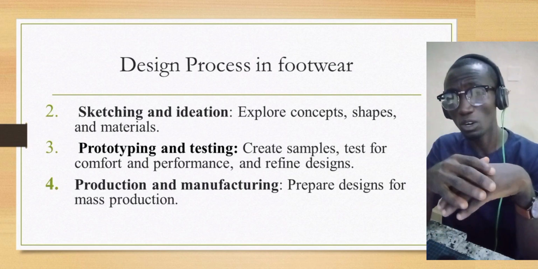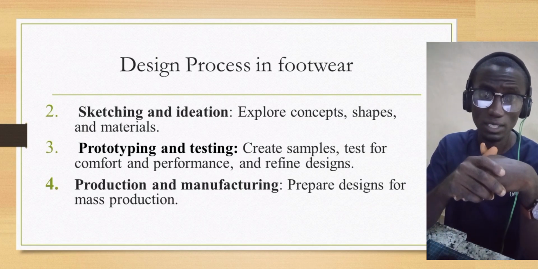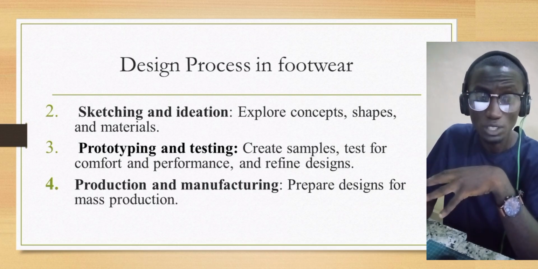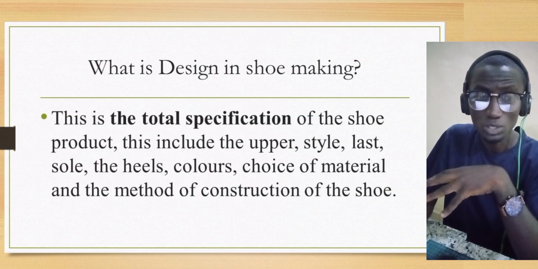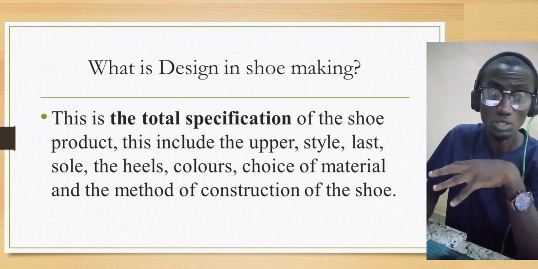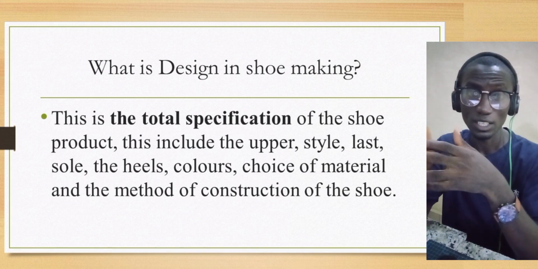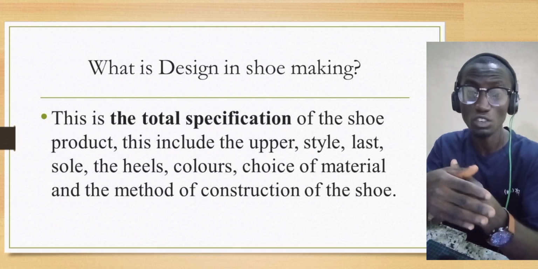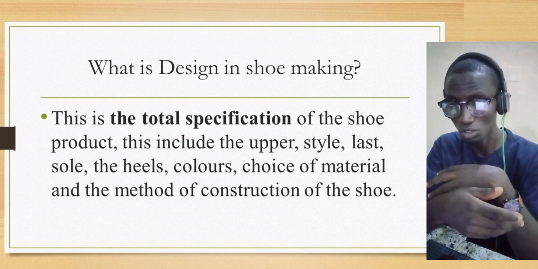In our definition of what design is, we're able to say it is the total specification of the product. When we say the product, it includes the upper, the style, the last, the sole, the heels, the colors, the choice of material, and the method of construction.